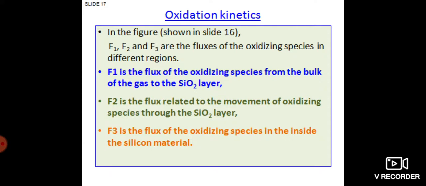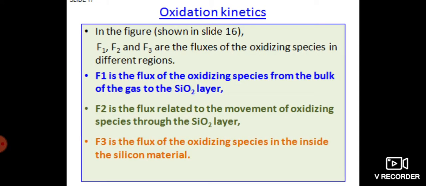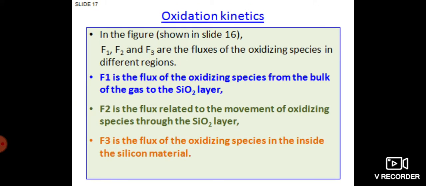The three different regions were, from the left side, try to recall, the gas region, the middle region was silicon dioxide, and the third region, the rightmost region, was silicon. That is the silicon which consists of the substrate and the epitaxial layer. Both are silicon. Now, what is flux?